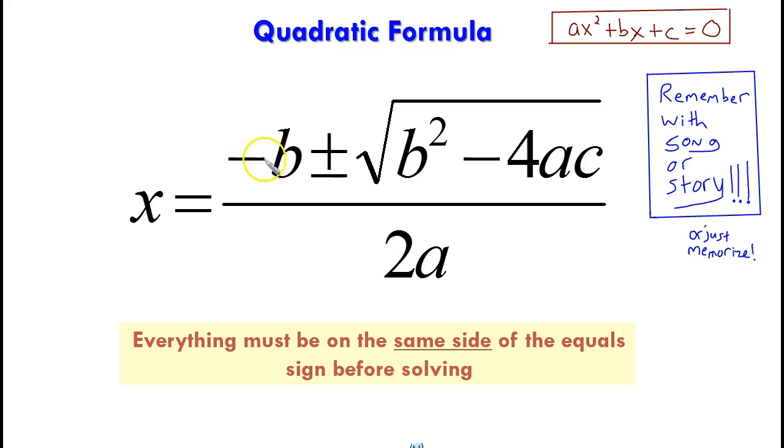It was a story of a negative boy who was trying to decide if he should or should not go to the radical party, but the boy was square and he decided not to go, and he missed out on 4 awesome chicks. But it wasn't too bad because the party was all over by 2 a.m. anyway. So using the letters a, b, and c, the story or the song might help you to memorize the order of things in the quadratic formula.